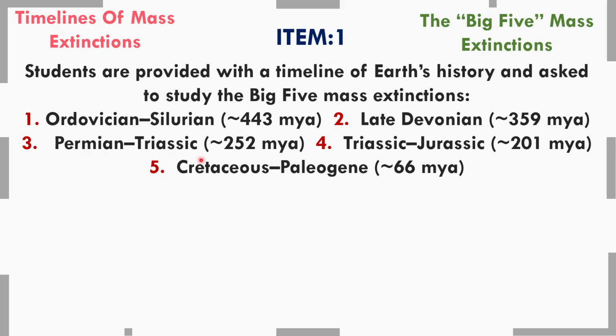Permian-Triassic, approximately 252 million years ago; Triassic-Jurassic, approximately 201 million years ago; Cretaceous-Paleogene, approximately 66 million years ago.